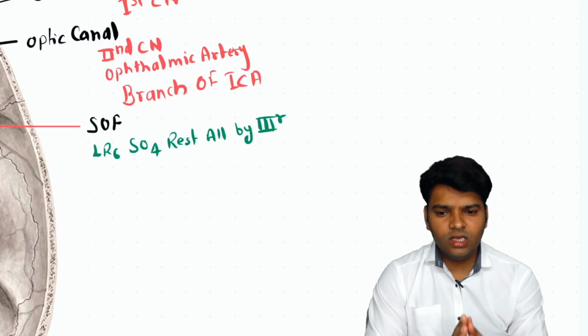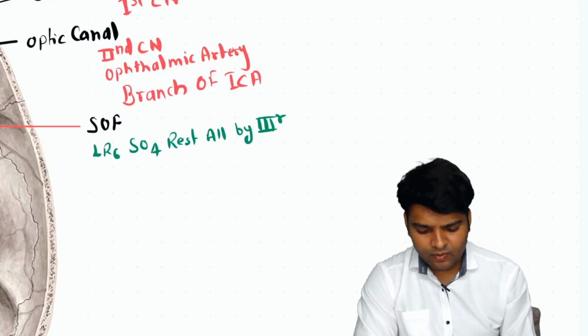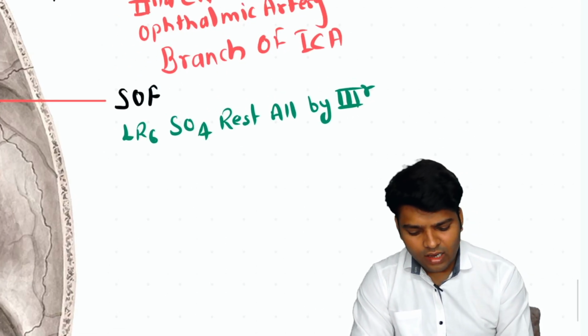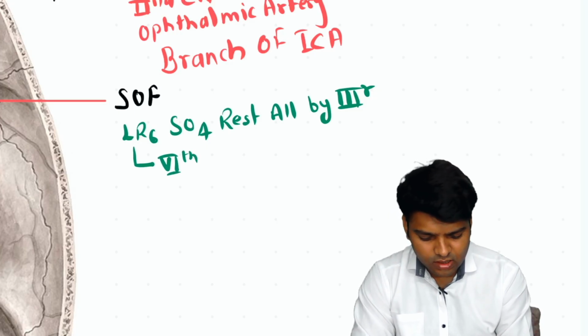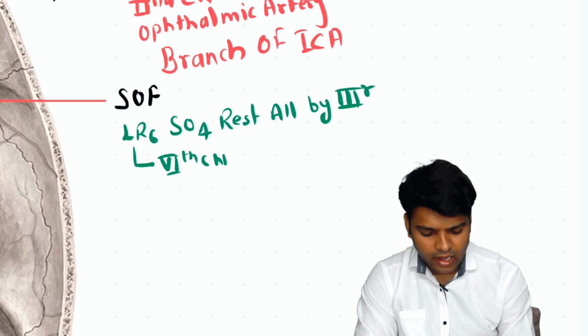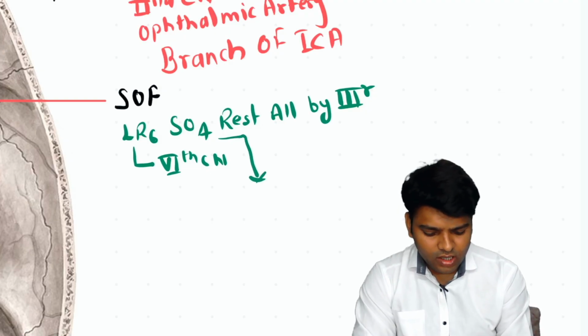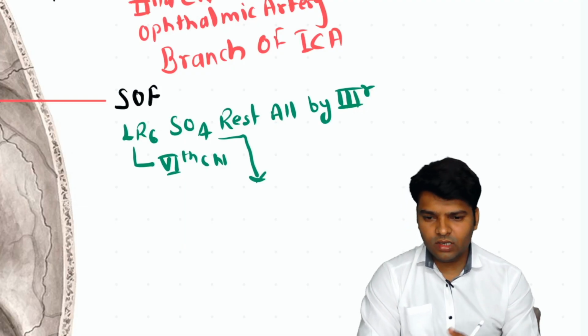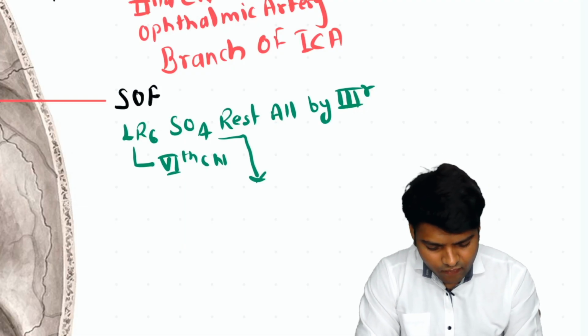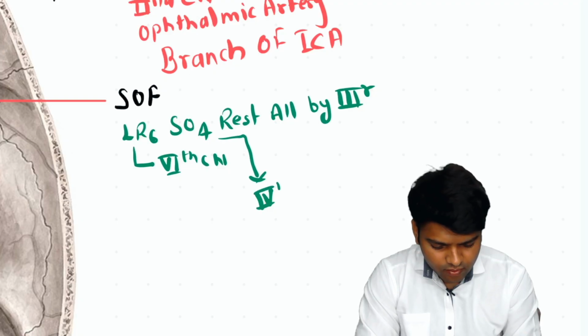These six extraocular muscles are supplied by LR6 SO4, meaning the lateral rectus is supplied by the 6th cranial nerve. SO4 means the superior oblique muscle is supplied by the 4th cranial nerve.